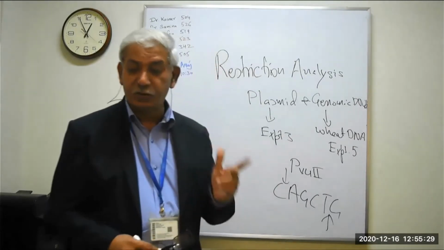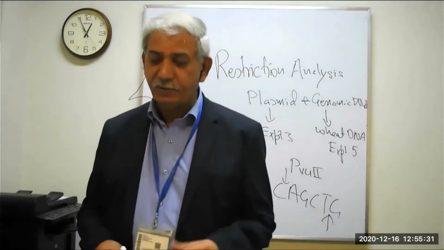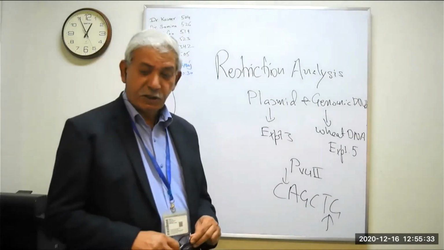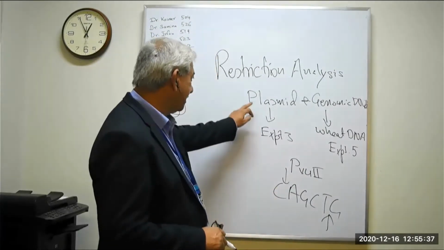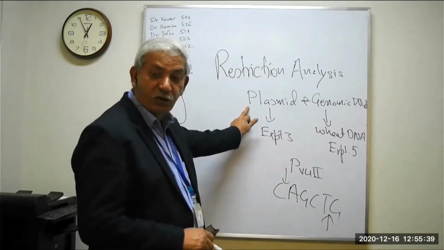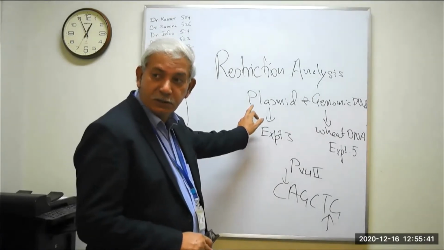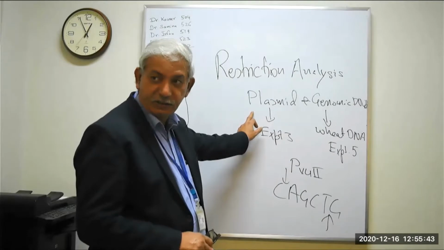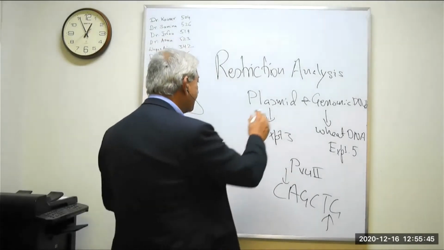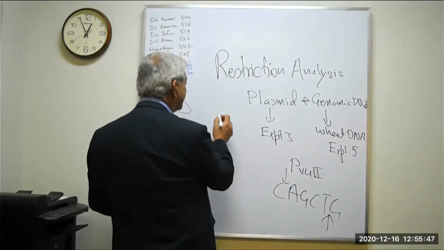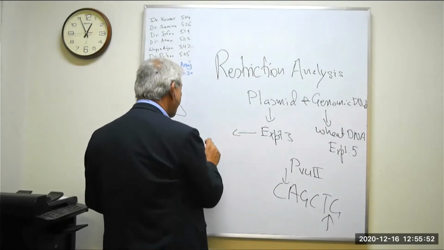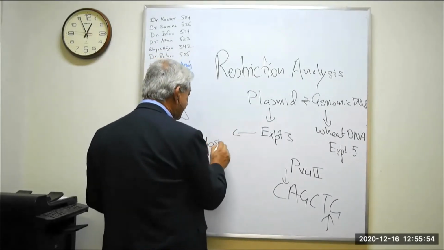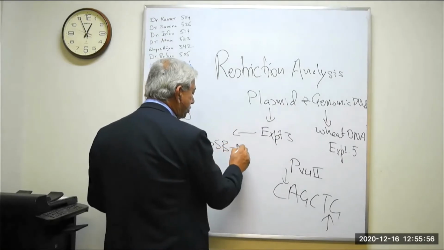We are not going to look into the 5' overhangs, but we will see that if we digest this plasmid, which has got 2 sites on it, okay, this plasmid that we isolated in experiment 3 is pSD DNA2.